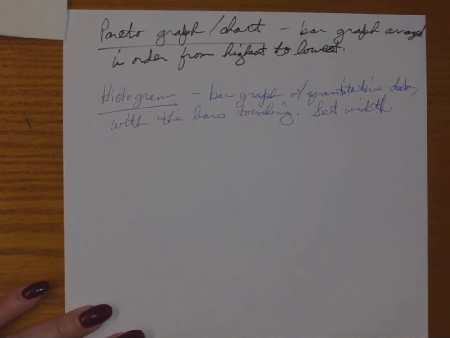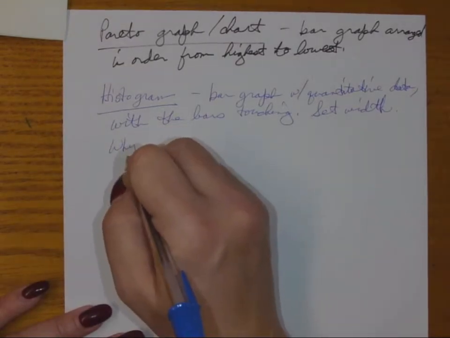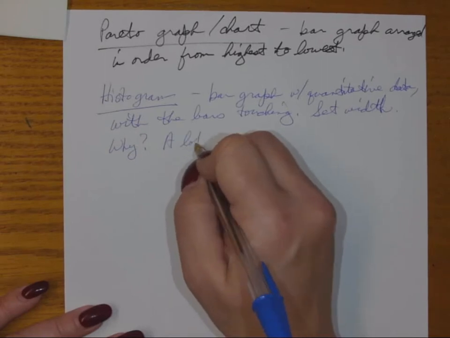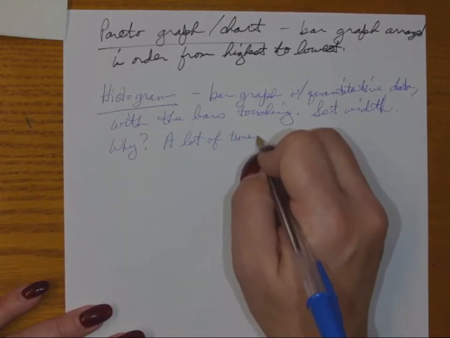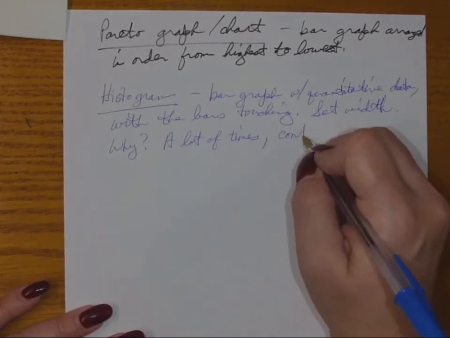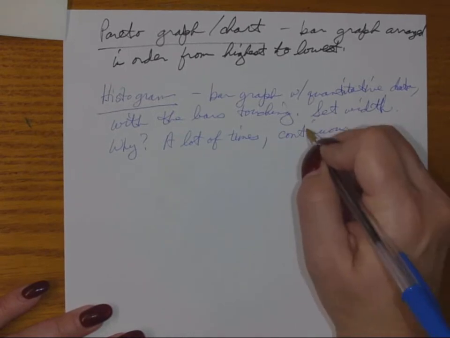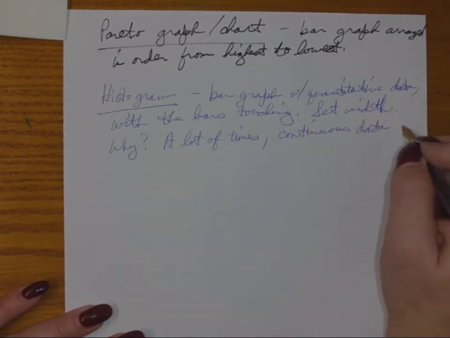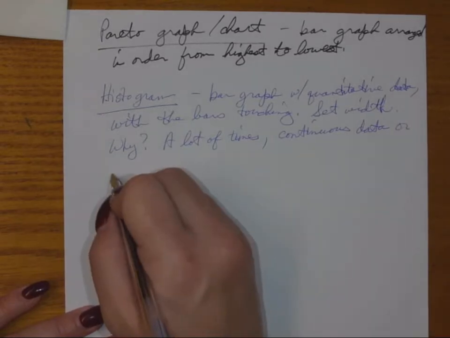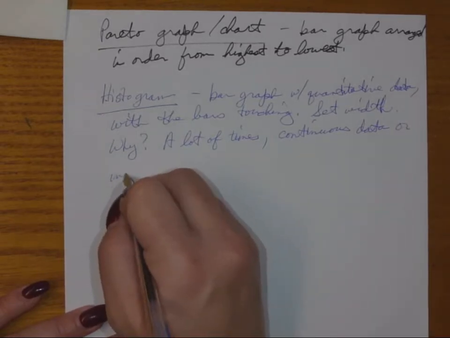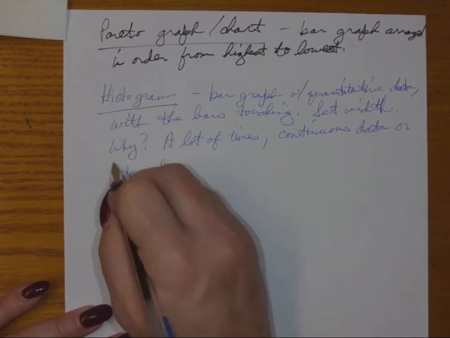A lot of times we're dealing with continuous data, which happens with quantitative, right? Or it can happen with either the interval or ratio data.